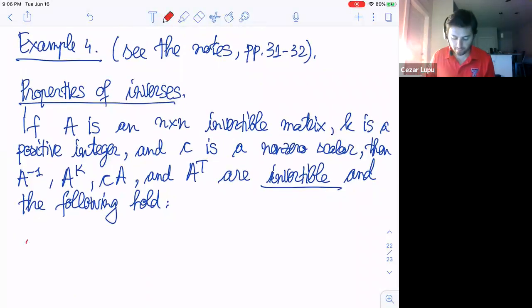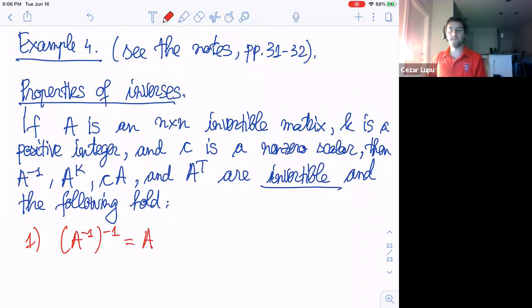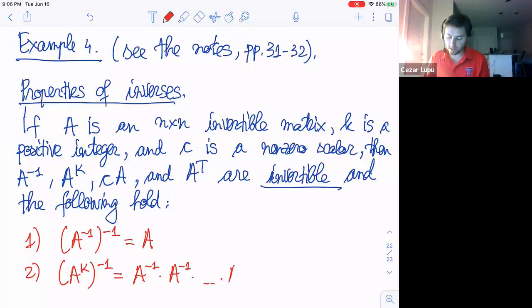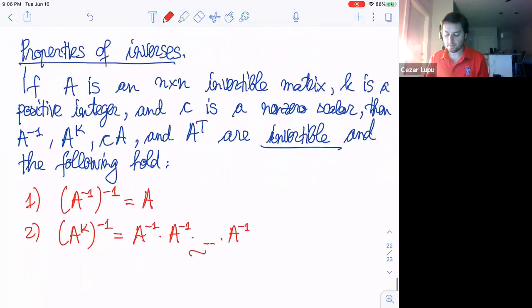The first one says that the inverse of A inverse, just like we did for the transpose, will get you back to the matrix A. The second one, let's say we raise A to the power K and we want to compute the inverse of this. This will be nothing else than A inverse times A inverse times and so on, K times.